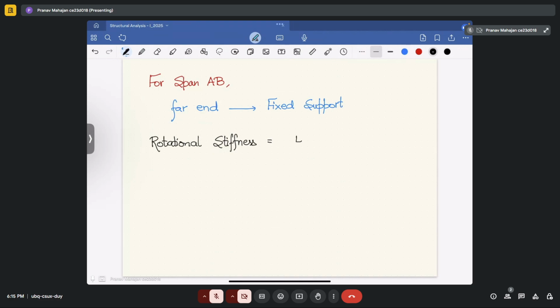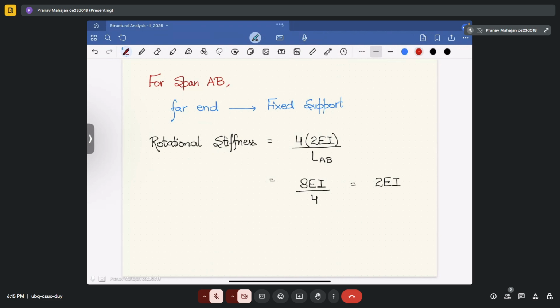But in this case, your EI is twice EI, divided by the length of AB. That will become equal to 8EI divided by the length of the member, which is 4, and that will be equal to twice EI.